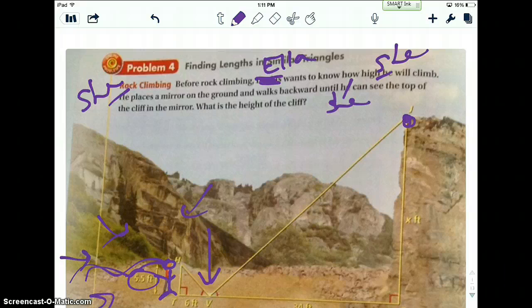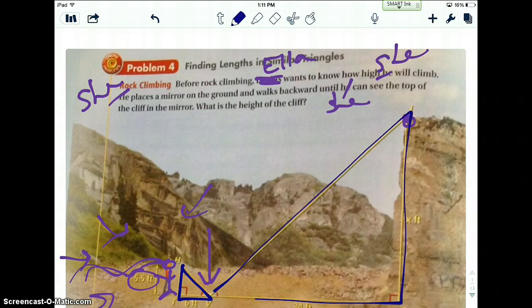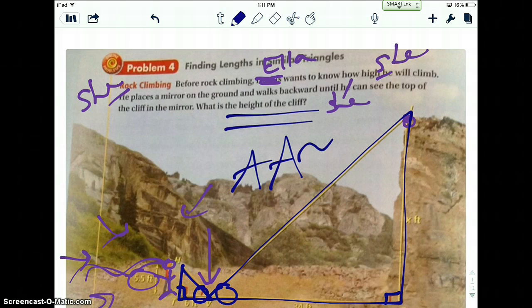So I said we have two triangles that are formed that end up being similar triangles. Why? How could we prove it? Well, we have a 90-degree angle set, and because of the mirror, we have these two angles that we can say are congruent. So these triangles are similar by AA similarity, and because of that, we can find the height of the cliff, because since they're similar triangles, their sides are in proportion to one another.